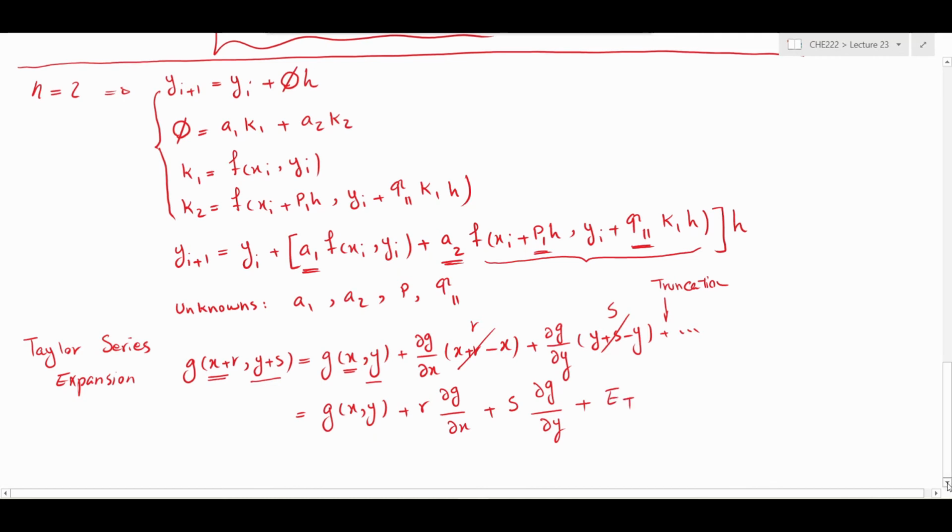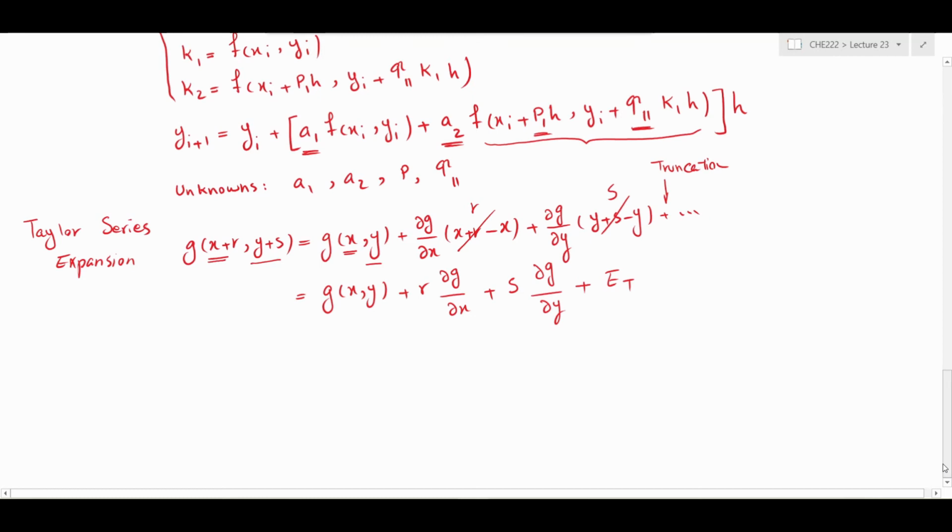Now, let's apply the same concept to this term: f at xi plus p1 times h and yi plus q11 times k1 times h.